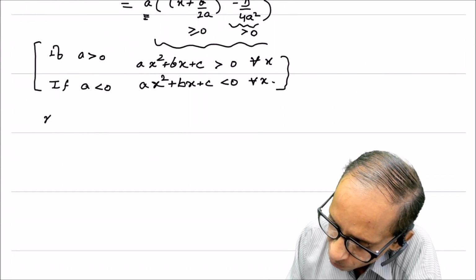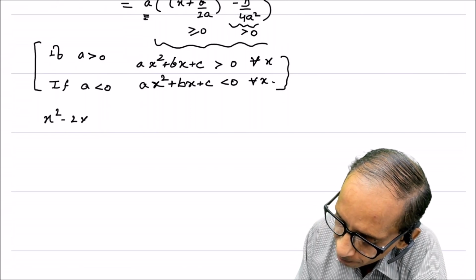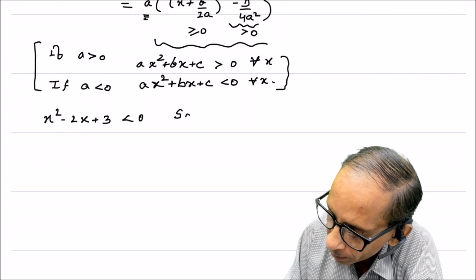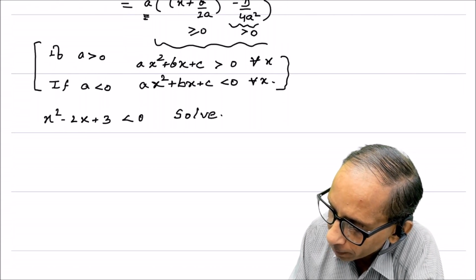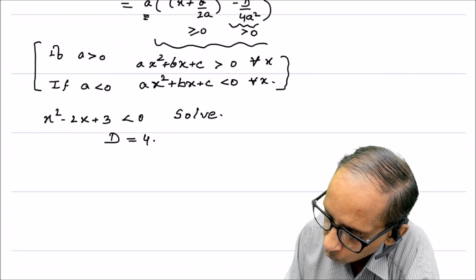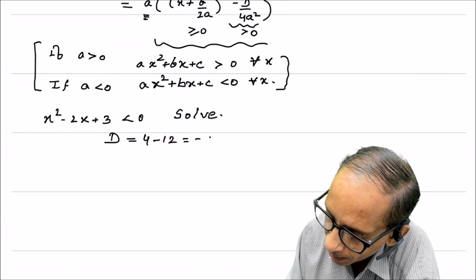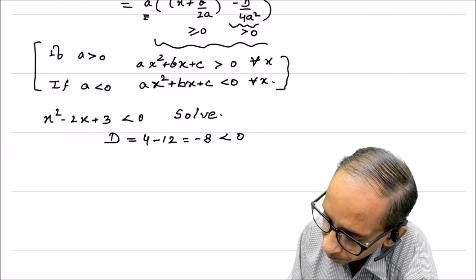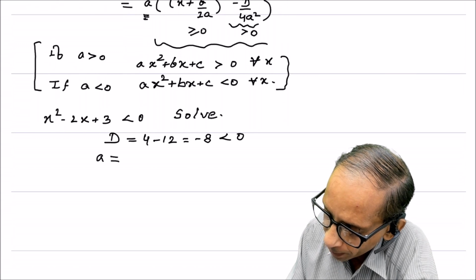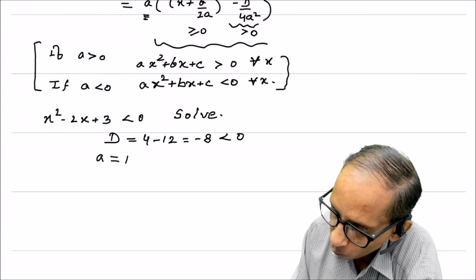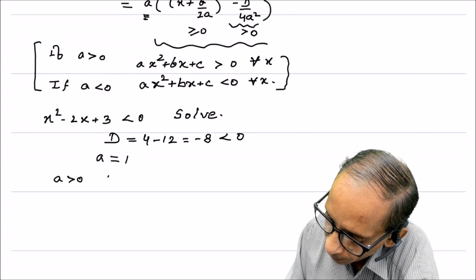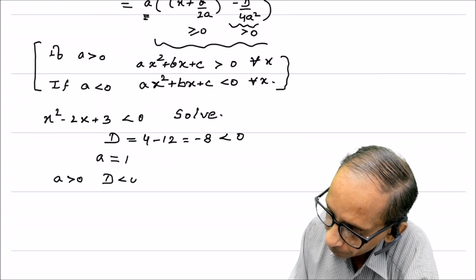We had x square minus 2x plus 3 less than 0, and we could not factorize it because the discriminant for us was 4 minus 12, that is minus 8, less than 0. So what we see is that since the leading coefficient, that is the coefficient of x square, is 1, a is positive and the discriminant is negative.